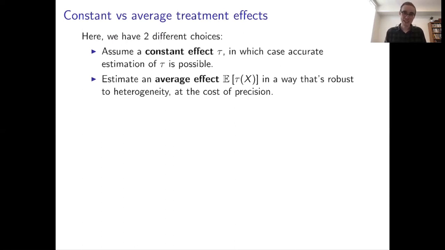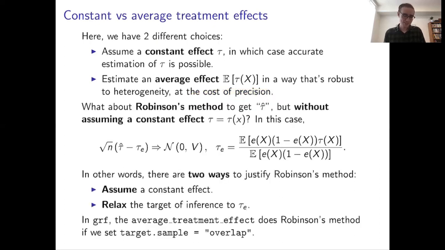Or you could take a more agnostic approach where you don't start by assuming that treatment effects are constant. You allow for heterogeneity, and then you want to estimate an average of this tau of x function in a way that's more robust. You might like doing this because it doesn't require asserting that treatment effects are constant a priori. But here you see that there's a large cost in precision from doing so. It's a tricky trade-off.